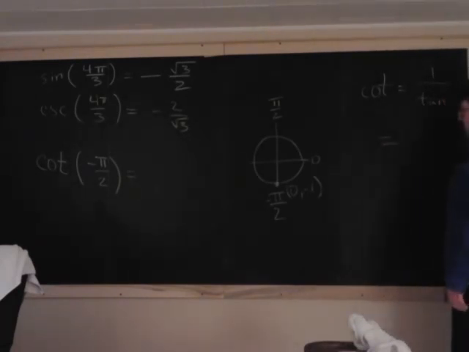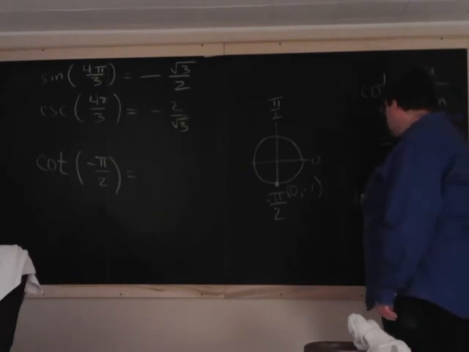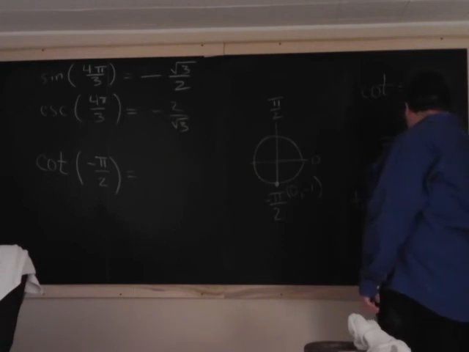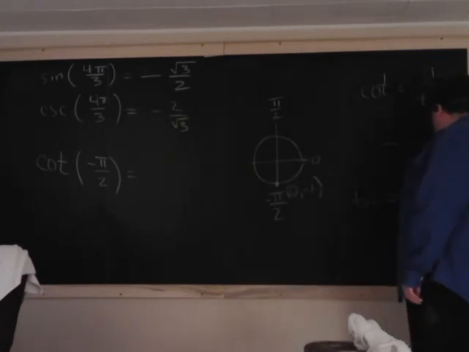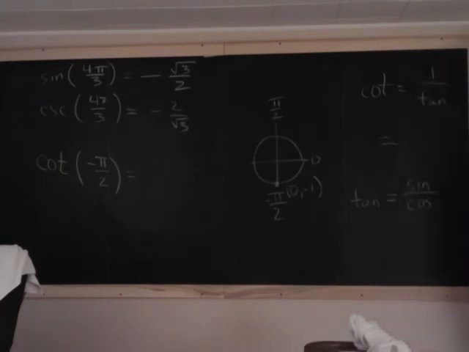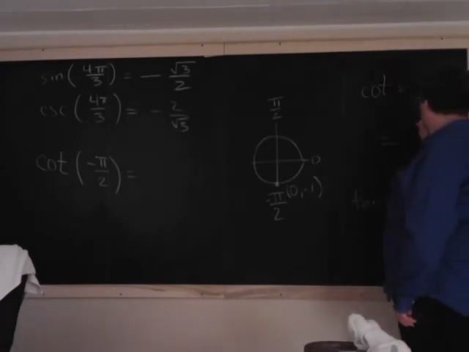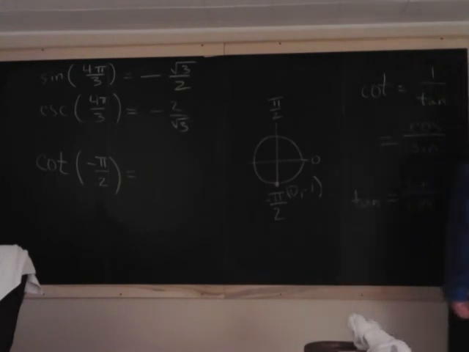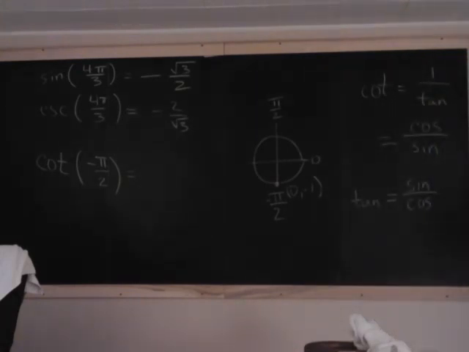And that'll equal something else. But remember on the side that tangent of theta is sine over cosine. Tangent is sine over cosine. So cotangent is this flipped around. So cotangent is cosine over sine.